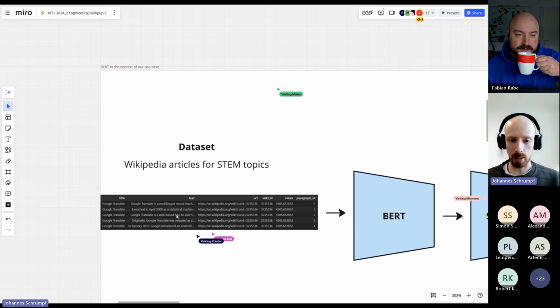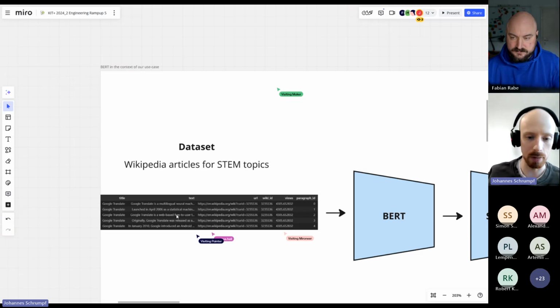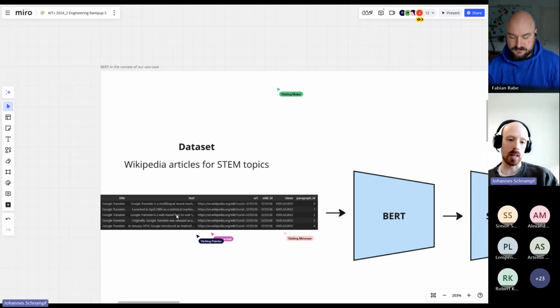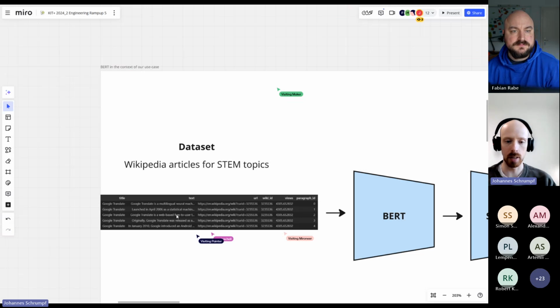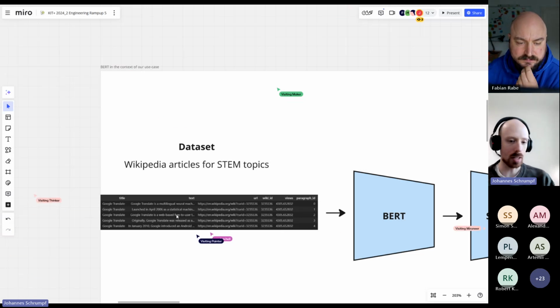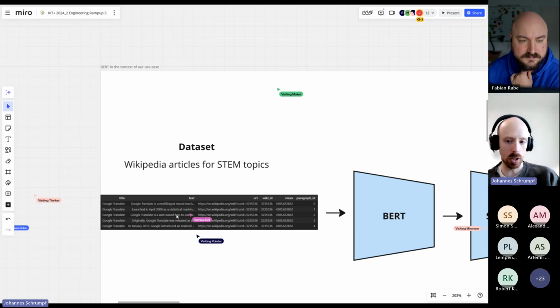It's a collection of many different Wikipedia articles, and actually every entry in our dataset is not the entire text of a Wikipedia article. It's the text of a paragraph of a Wikipedia article. Why do we use paragraphs? Well, these large language models have a so-called context length.